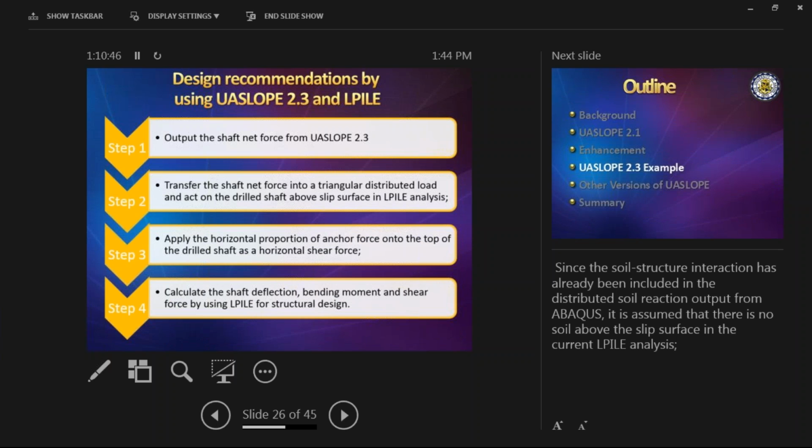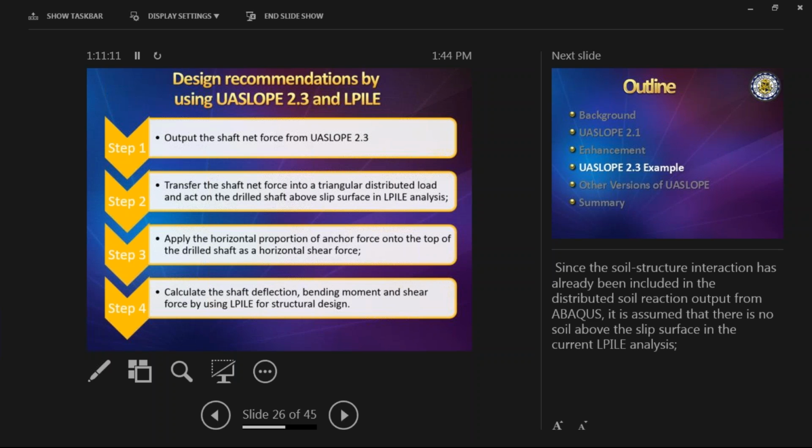Okay, here's some of the conservative approach. I think Ohio DOT agreed to disagree with our recommendation, but that's okay. I think this is very conservative, and you can take the load, apply it to LPILE, and come up with the moment and shear for your structural design.